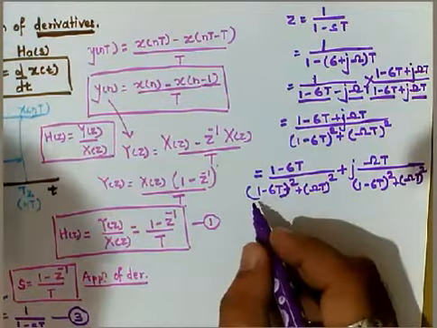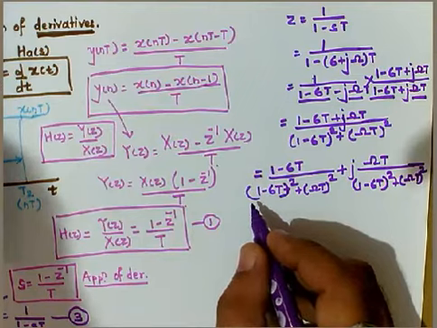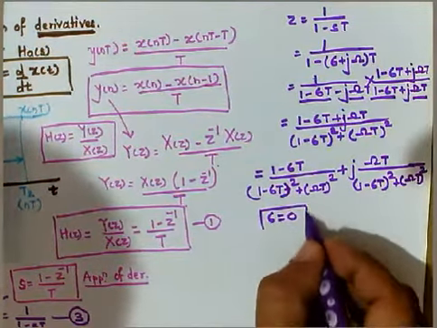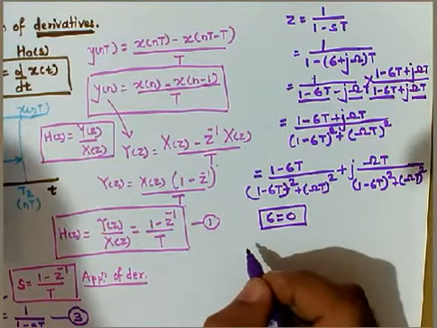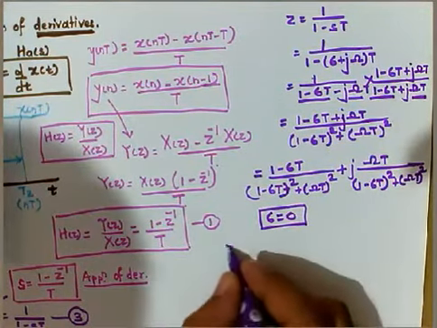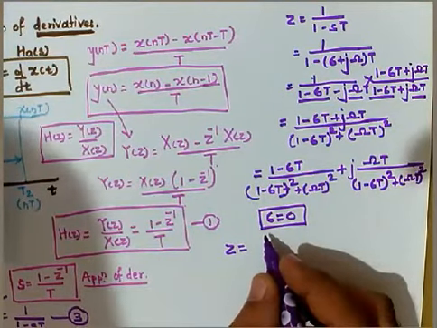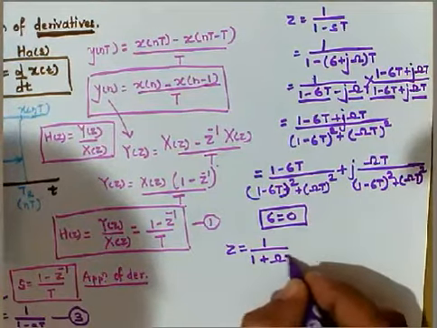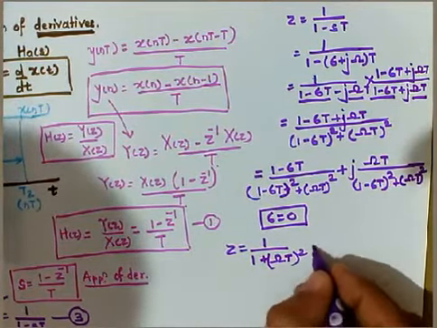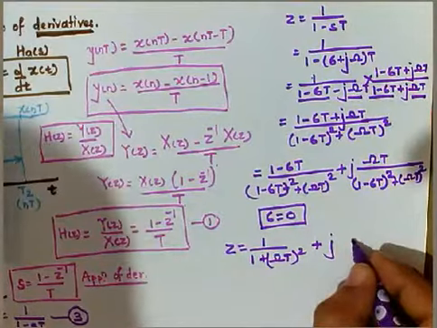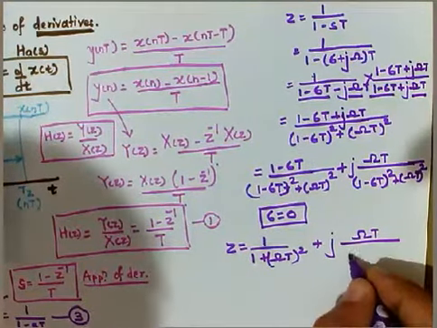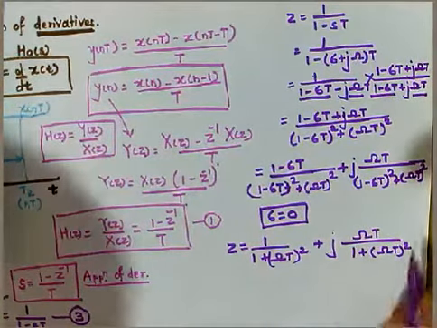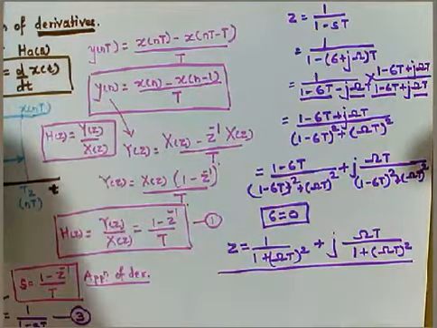Now we can proceed from this equation by putting sigma equal to 0 to check what exactly the effect is on z. Once we put sigma equal to 0, z will be 1 upon 1 plus (omega T) square plus j times omega T upon 1 plus (omega T) square. This is the ultimate equation for z.